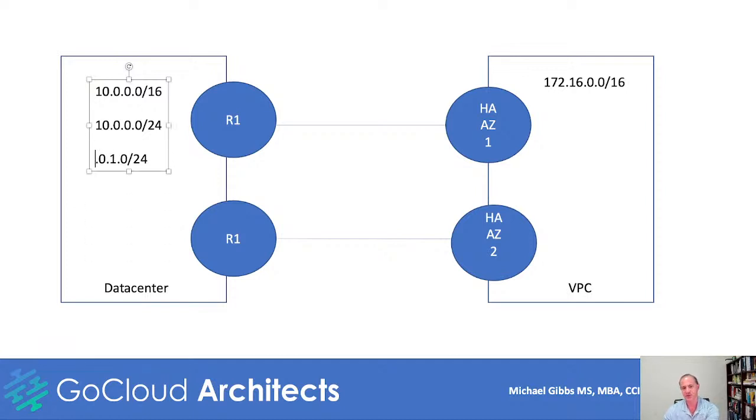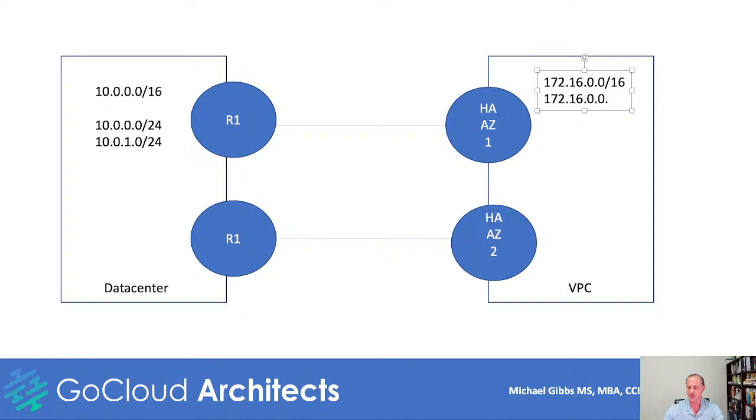Now let's say you go back to the cloud over here. And over here on the cloud, you've got a subnet of 172.16.0.0/24. You've got a 172.16.1.0/24. Now, let's say you wanted to load share across these links.